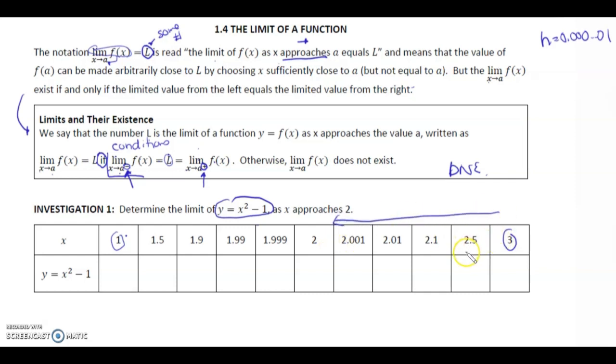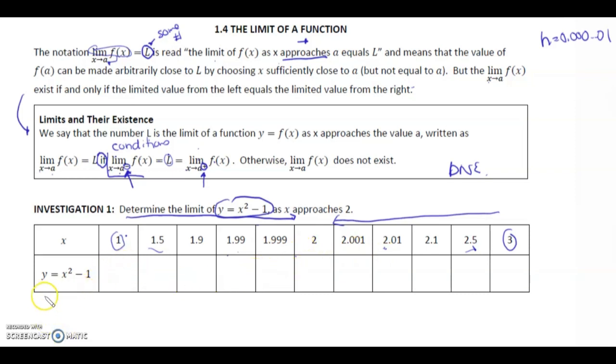So 2.5 is half a unit on the right, 1.5 is half a unit on the left. Then 1.9 and 2.1 are both 0.1 units away, then 0.01 units away, 0.001 units away. We're going to get infinitely closer to 2.